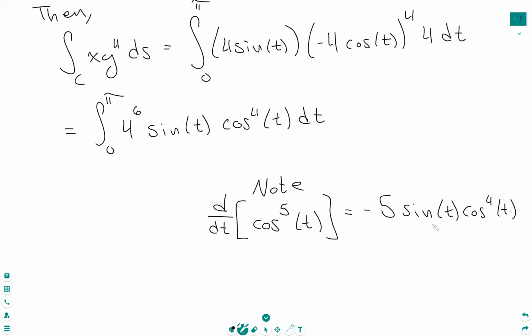And here I have that sine of t cosine to the 4th. So if I brought this negative 5 over to the left-hand side, I could rewrite this as a derivative. An integral of a derivative is really nice. So here, this is negative 4 to the 6th over 5 cosine to the 5th of t, evaluated at t equals 0 and t equals pi.